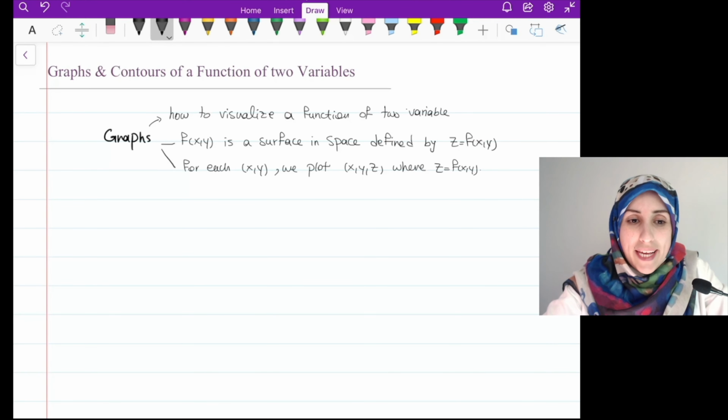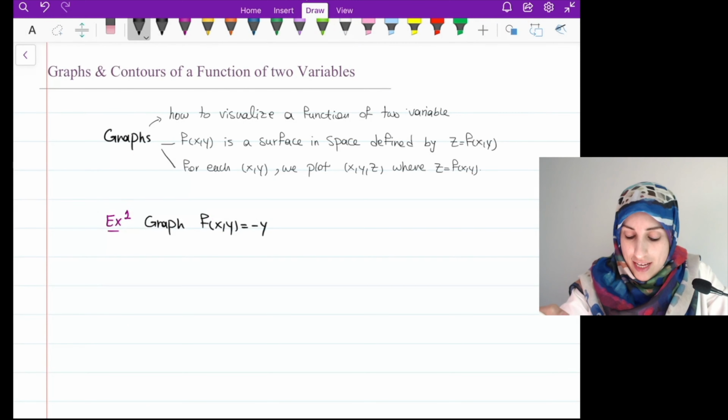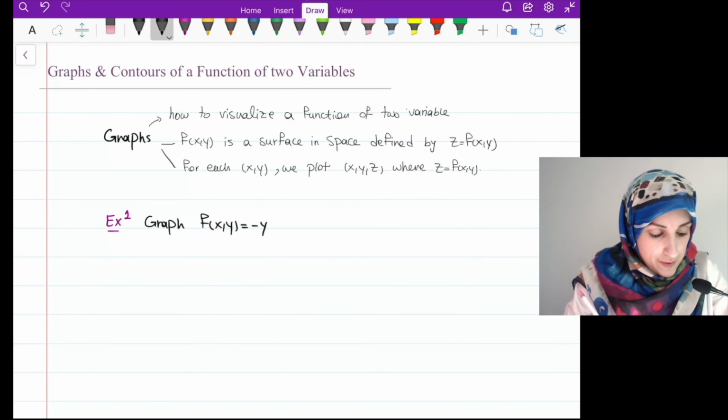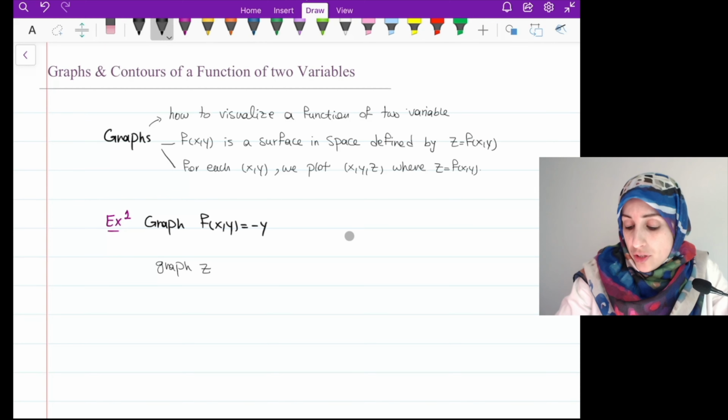So I'm going to explain everything in examples. Example 1, I'm going to graph f of x and y equals negative y. In this case, I have z equals negative y, where z is the third coordinate.